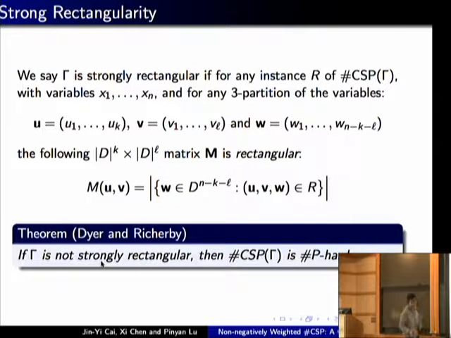And now here comes this notion of strong rectangularity. Essentially, this condition says that if the language gamma satisfies this property, then there should be a large set of matrices that you can derive from this language, and all these matrices should be rectangular.